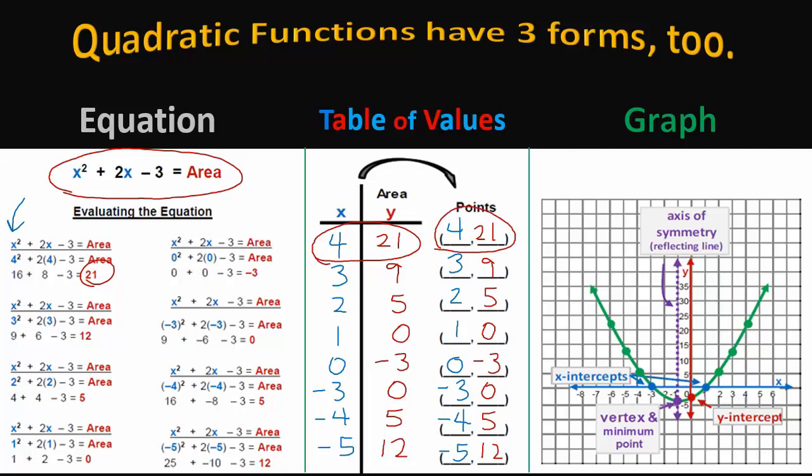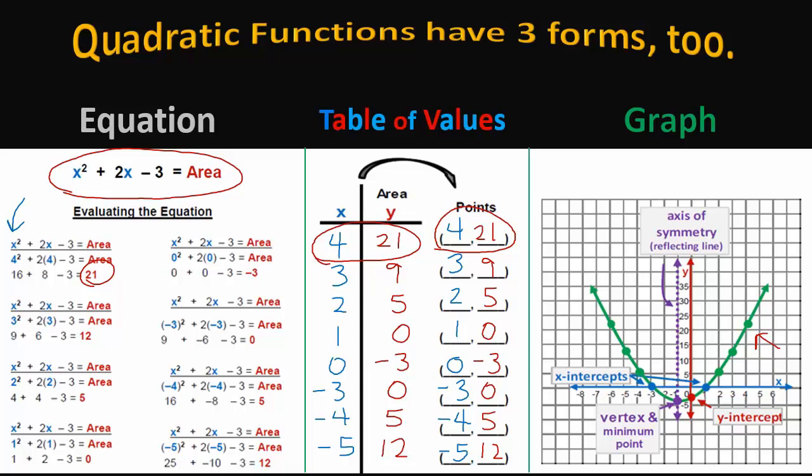And we can graph that point in the graph. And as we do that with all of these examples, we see that the graph of a quadratic function will create a curved line instead of a straight line like we had in a linear function.